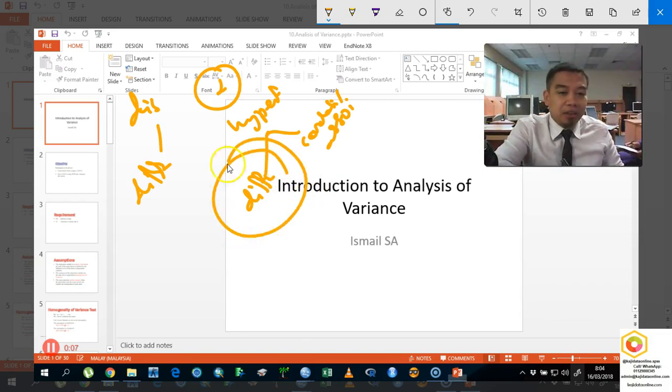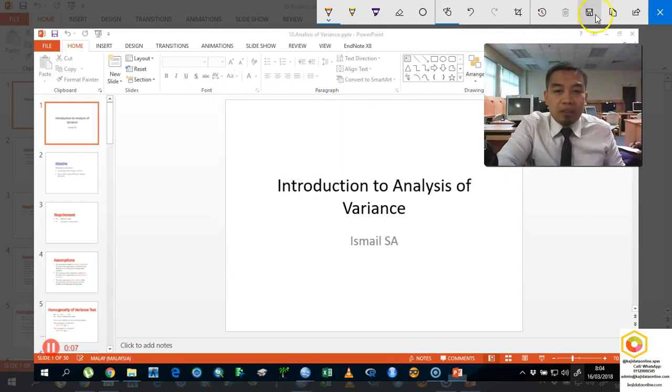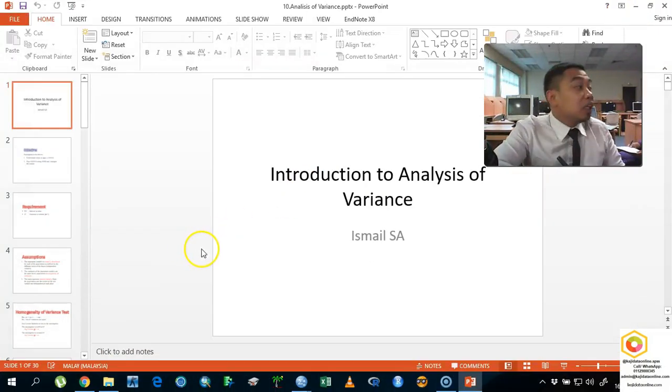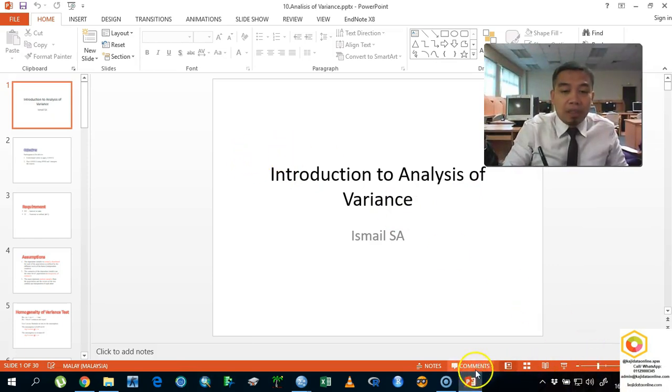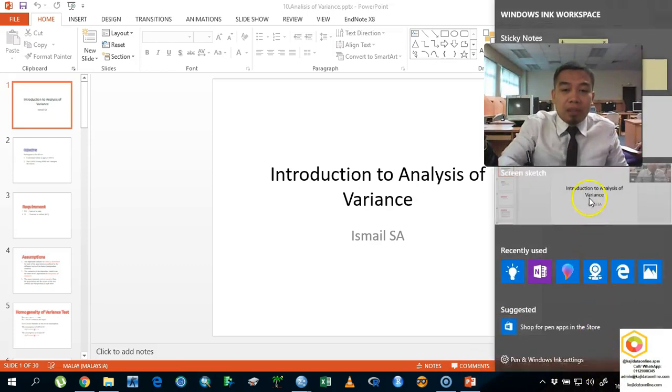So this is the two important element that you need to become familiar with. In this case, now we are going to learn about the differences test, but this differences test is kind of similar with the independent sample t-test. Unfortunately, the most important difference of this testing is because we are going to test more than 2 groups. That's all. As we know, yesterday we already discussed about the t-test.